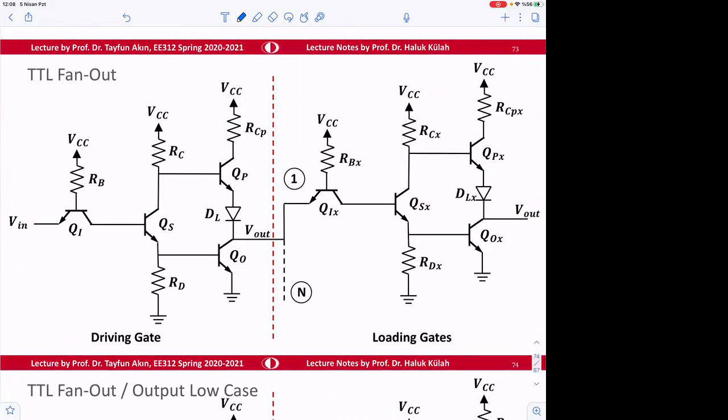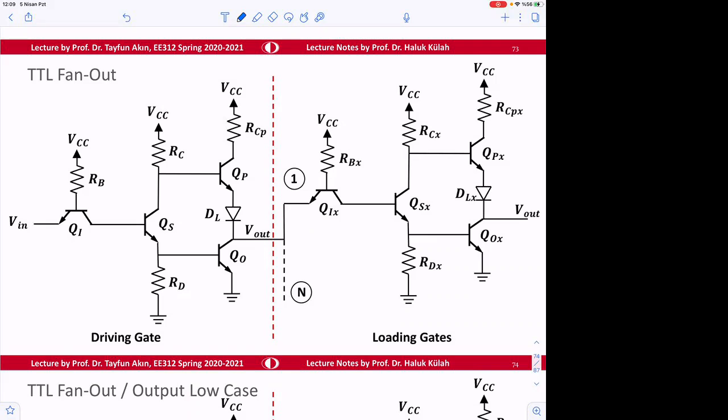So after this, of course, we need to calculate the fan out. The fan out will assume the next gate is a similar gate. So we will be calculating this for the output high case and output low case.